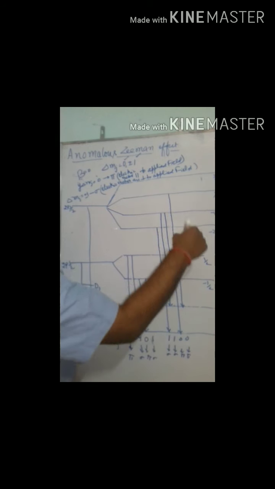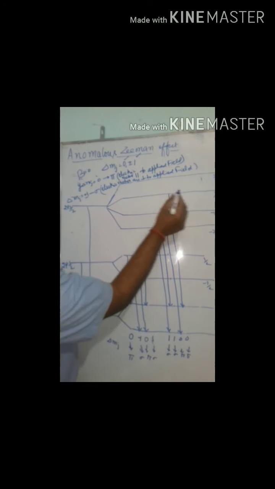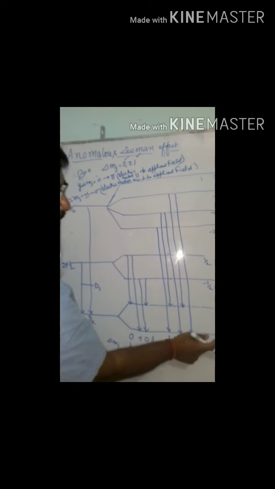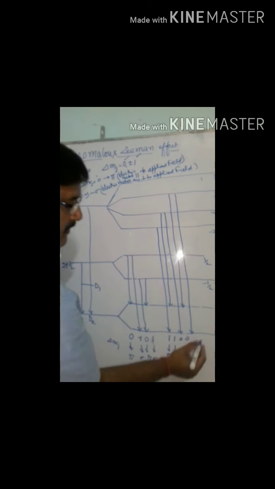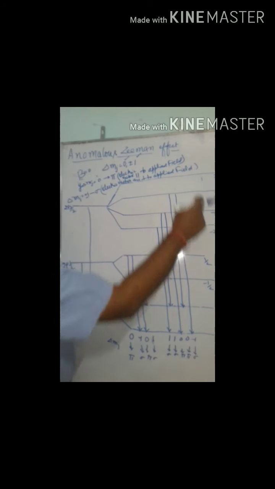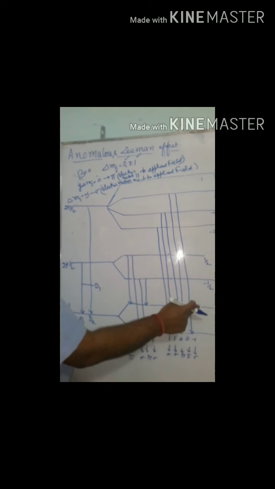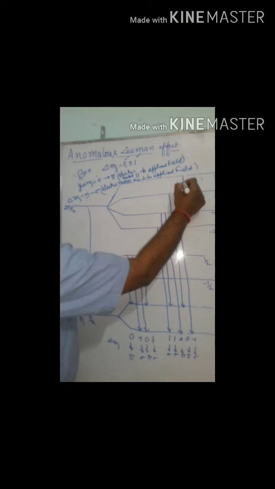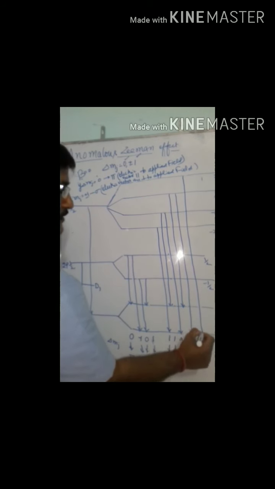And from here 1 by 2 to minus 1 by 2. Minus 1 by 2 minus 1 by 2, that is minus 1. This is again a sigma component. And from 3 by 2 to 1 by 2, so 1 by 2 minus 3 by 2, that is minus 1. This line gives you like this.